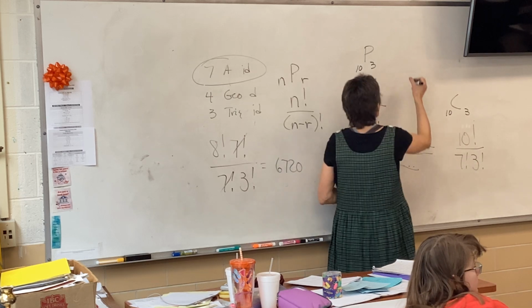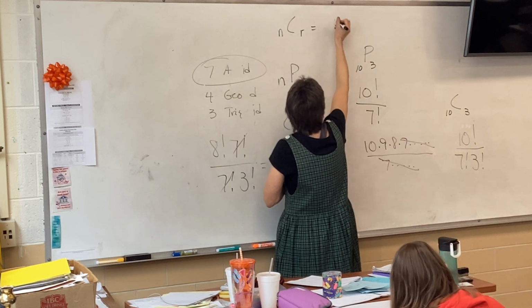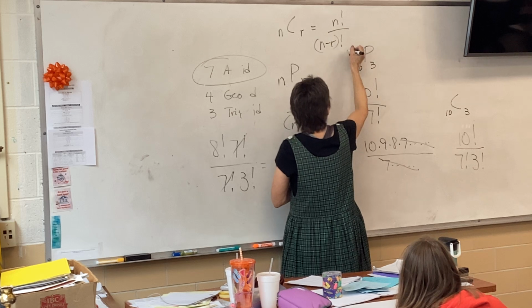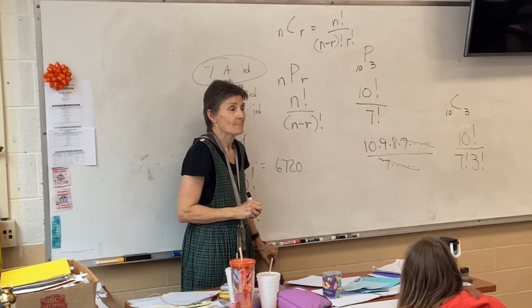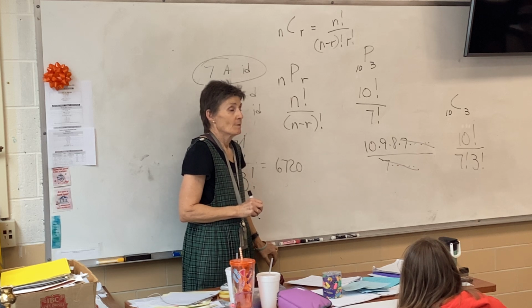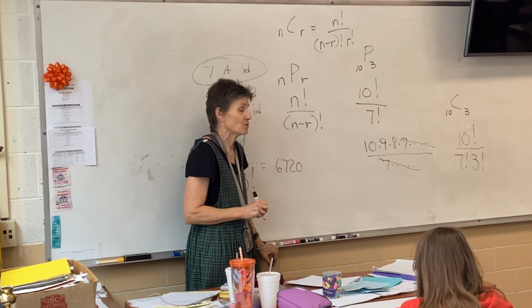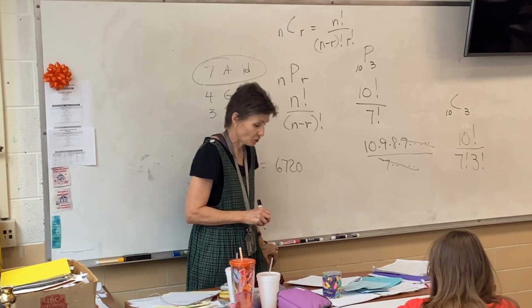So that formula would be n factorial over (n minus r) factorial times r factorial. So the combination will always be smaller than the permutation, because if order doesn't matter, there are fewer ways to choose.